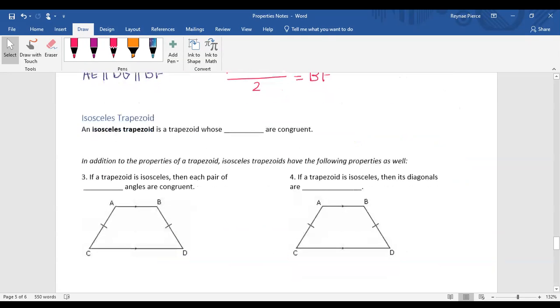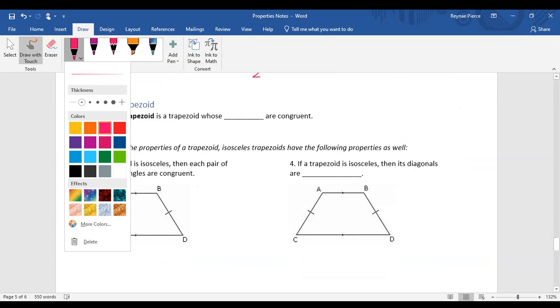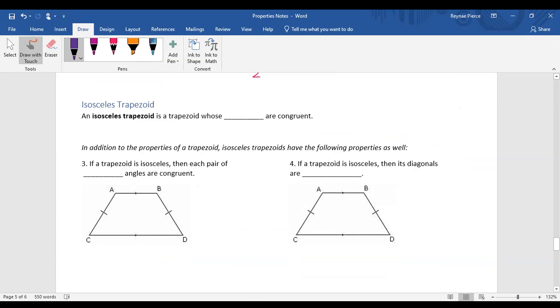Now we do have a special kind of trapezoid, an isosceles trapezoid. Much like an isosceles triangle has two congruent sides, the legs, an isosceles trapezoid is a trapezoid whose legs are congruent. Each pair of base angles for isosceles trapezoids are congruent.